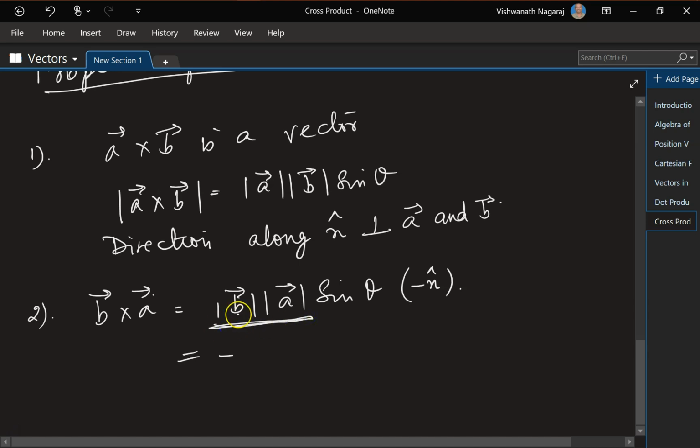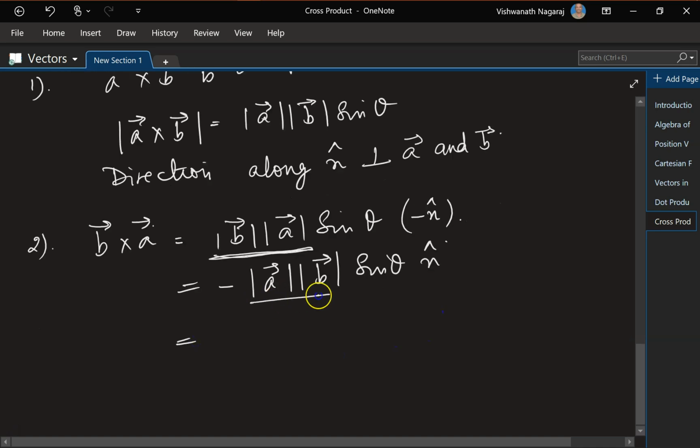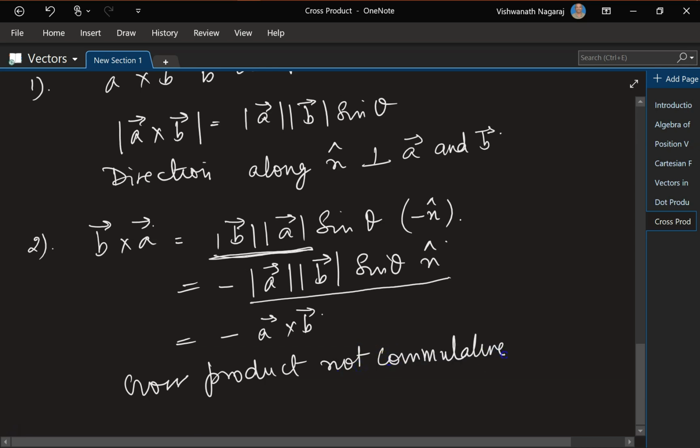Whether you write magnitude of B times magnitude of A or magnitude of A times B, it doesn't matter. So A times B sine theta n cap. Now this part is nothing but A cross B. Cross product is not commutative. So the order of multiplication matters.